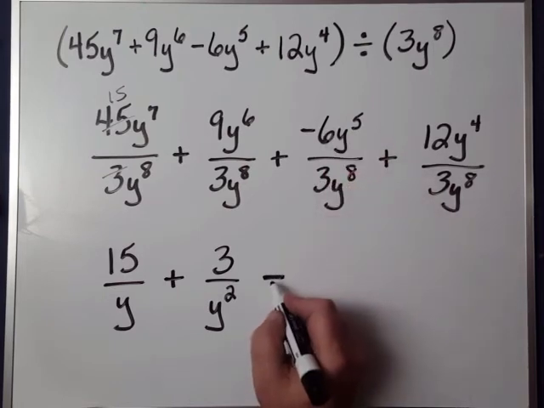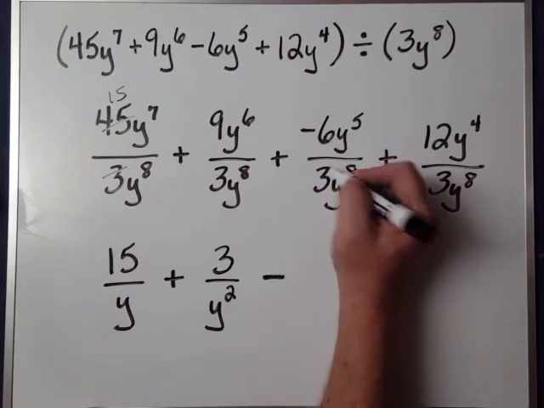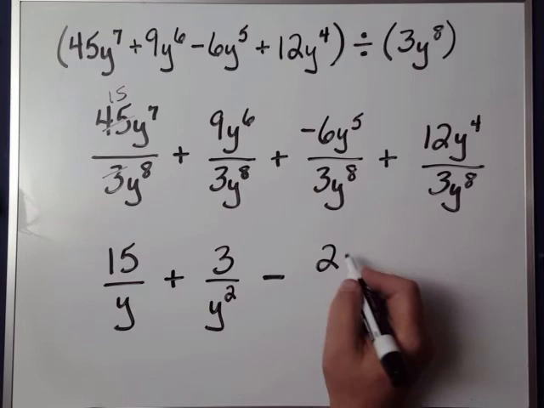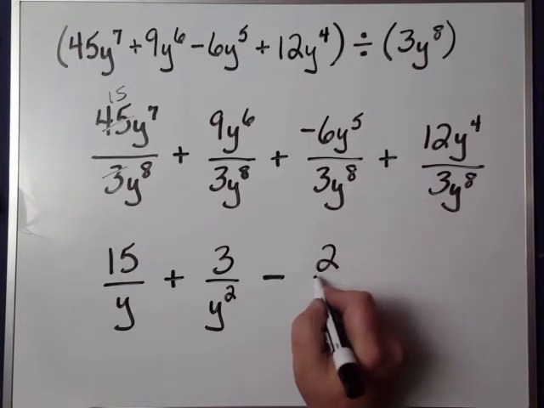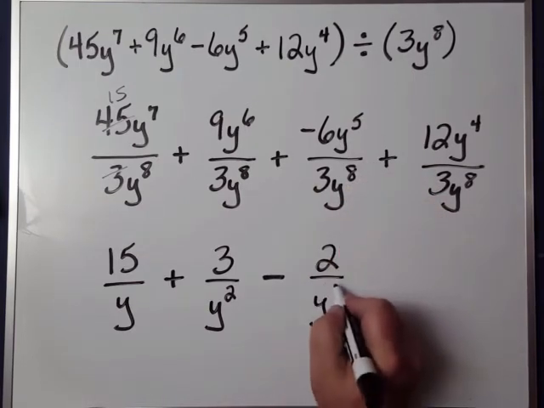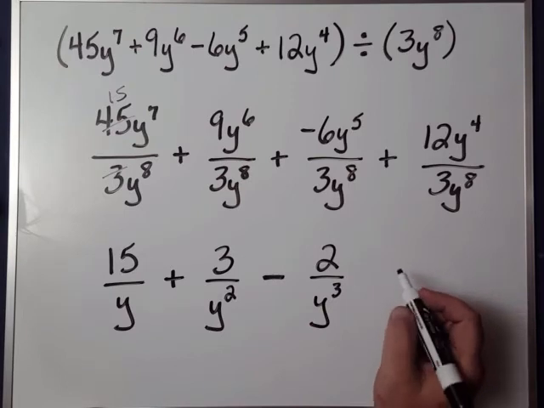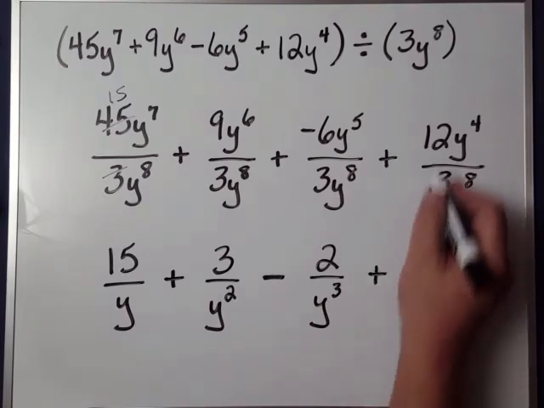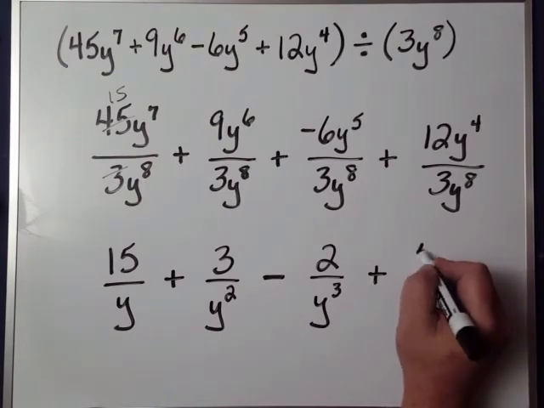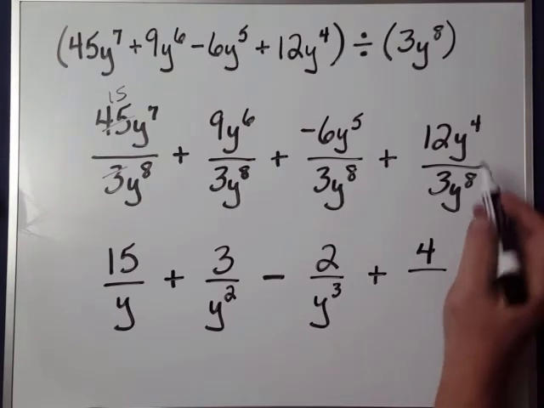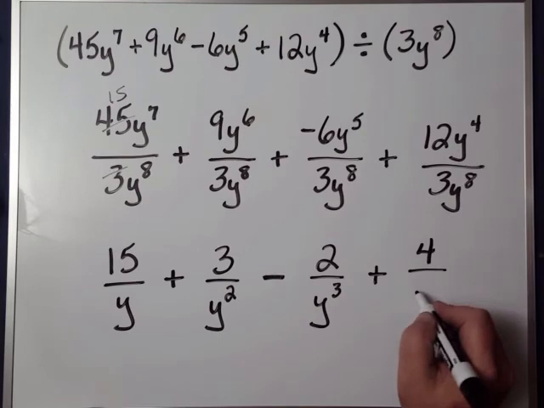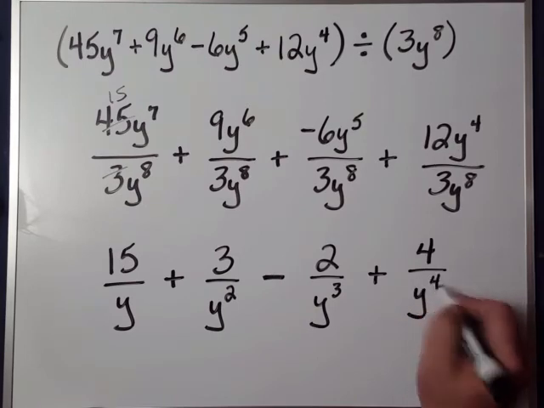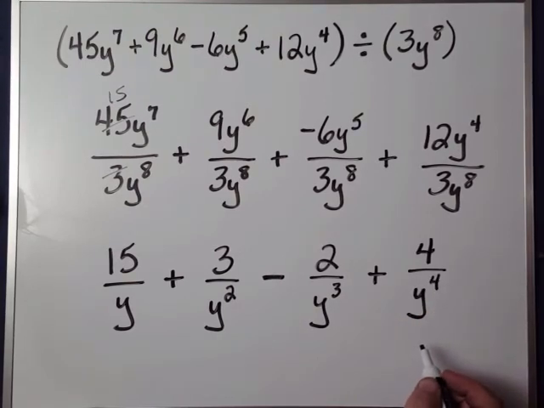Negative divided by a positive, we write minus. 6 divided by 3 leaves a 2 in the numerator. Y to the 5th over y to the 8th. How many are left and where? 3 factors of y in that denominator. And finally, plus 12 over 3 leaves a 4 in the numerator. Y to the 4th over y to the 8th leaves y to the 4th in that denominator.